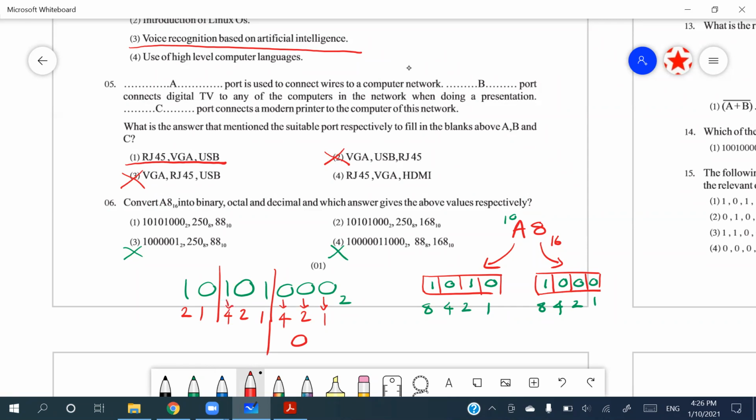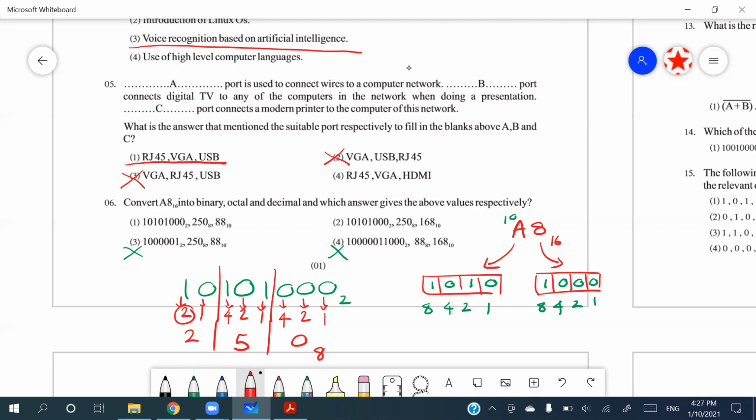And there is a 1 over 1 and 4, but not over 2, so 4 plus 1 gives you 5. And this is 0 and 1. Over 1 there is a 0, so it is disregarded. Over 2 there is a 1, so we can choose 2. So the octal value is going to be 250.